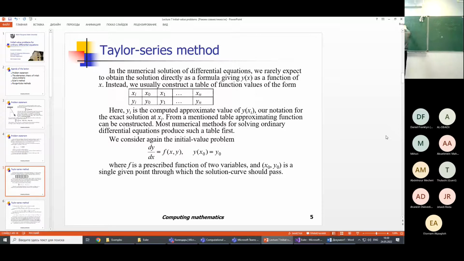The first value of y we know from the initial condition. And the question is how to compute all other values of y: y1, y2, y3, and so on.